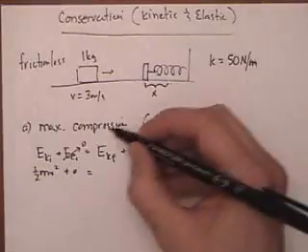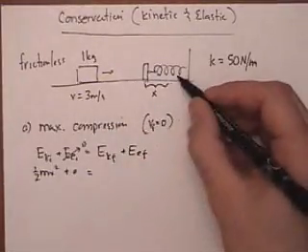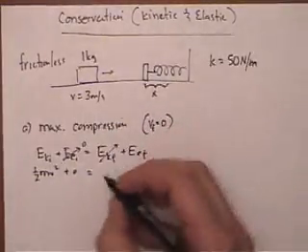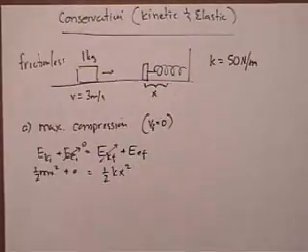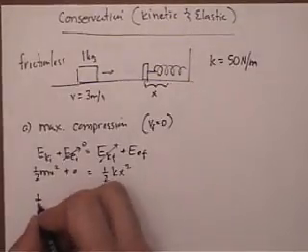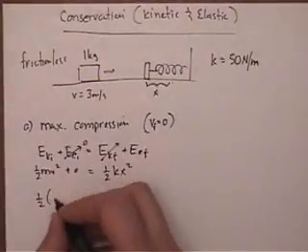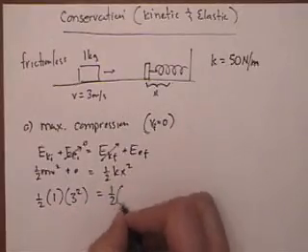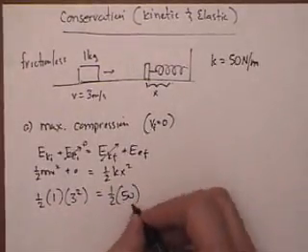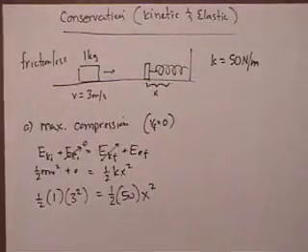I also know that based on this maximum compression that I have no kinetic energy here, so that goes to 0, plus 1/2 kx squared. Plugging this in, 1/2, my mass was 1 kilogram, my velocity is 3 meters per second, my K value is 50, and I want to know the compression.